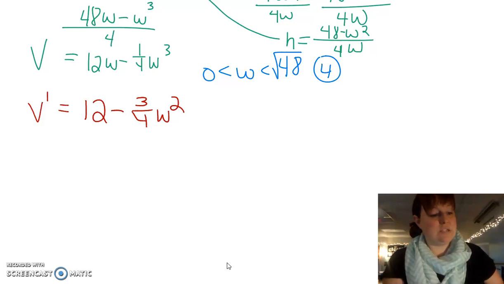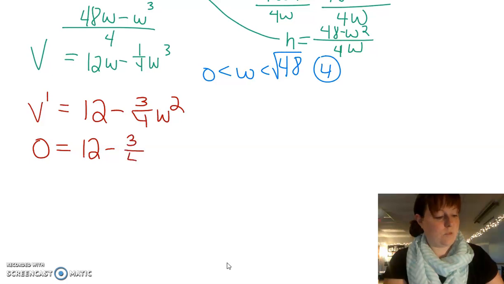Our volume is at a max when the derivative equals 0. Say that again: our volume is at a max when the derivative equals 0. So I'm just going to go ahead and set this equal to 0 and solve.